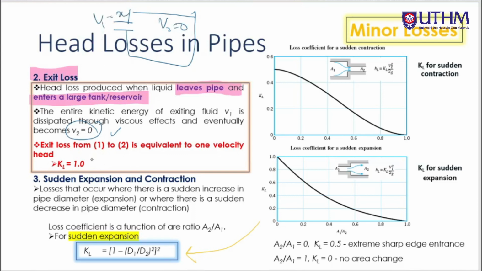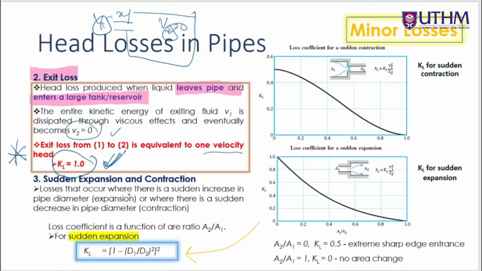So for this condition, the loss coefficient equals 1. Exit loss from 1 to 2 is equivalent to 1 velocity head. KL equals 1. You should take note of this. Any loss due to pipes leaving and entering a large tank, we use KL equals 1 directly.